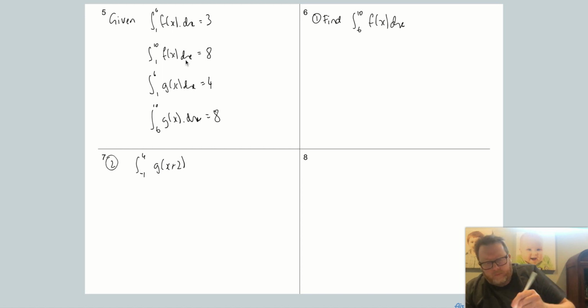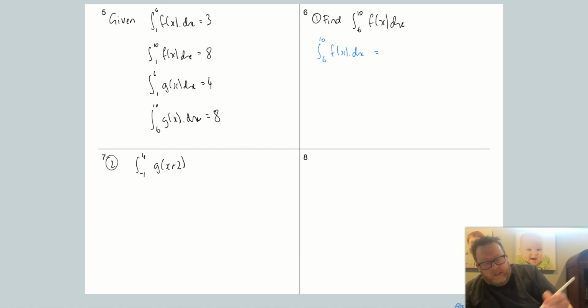So what do we know? Well, we can use that rule which basically says we can split that integral into two integrals with a midpoint effectively.